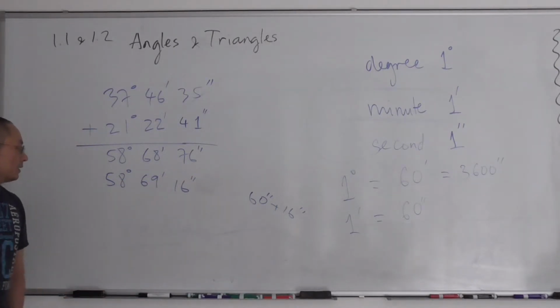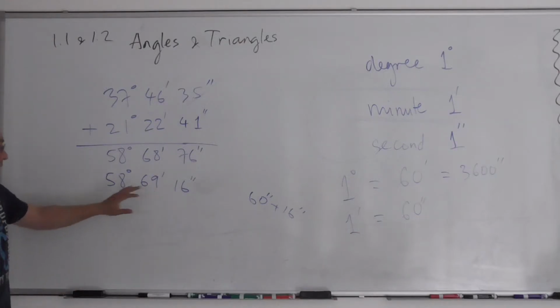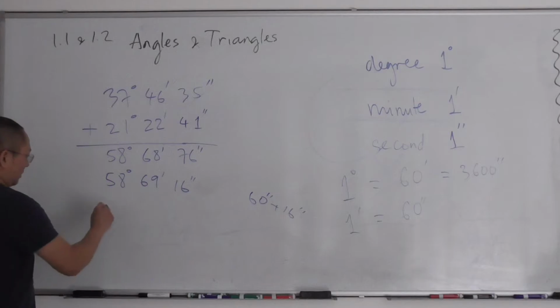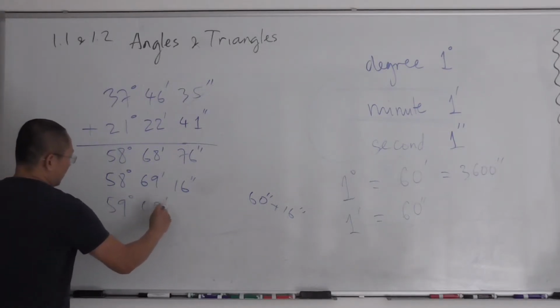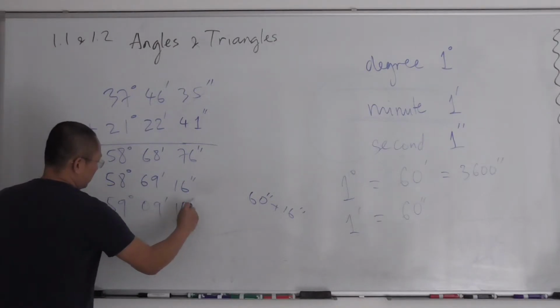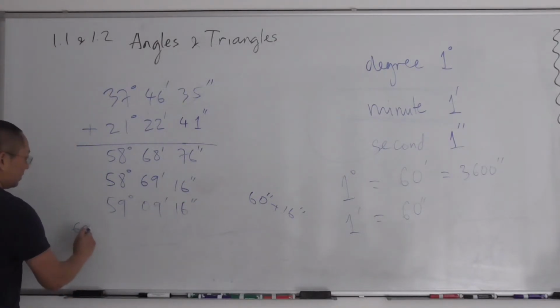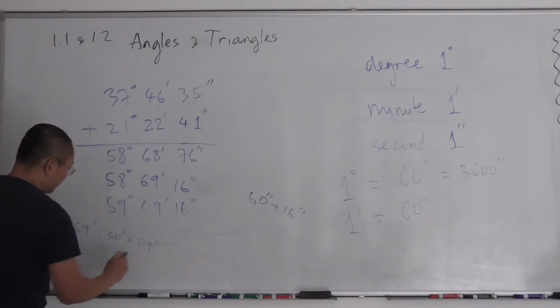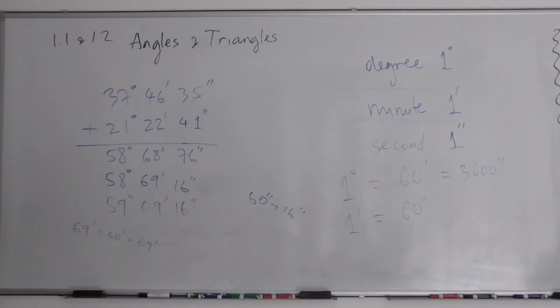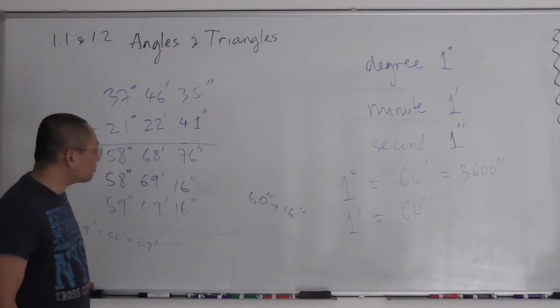And similarly, this number of minutes is greater than 60, so we can convert it into a degree. So it's going to be 59 degrees, 9 minutes, and 16 seconds, because 69 minutes is 60 minutes plus 9 minutes, and that 60 minutes becomes 1 degree. Okay?